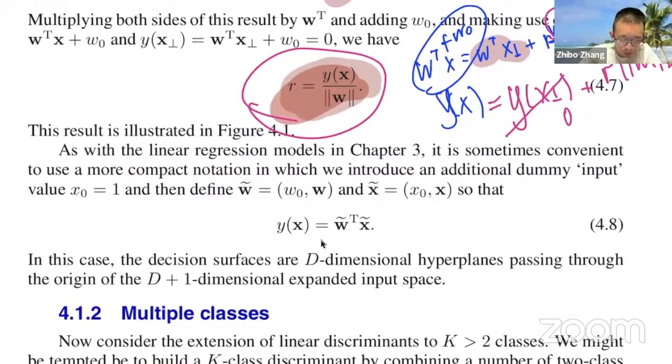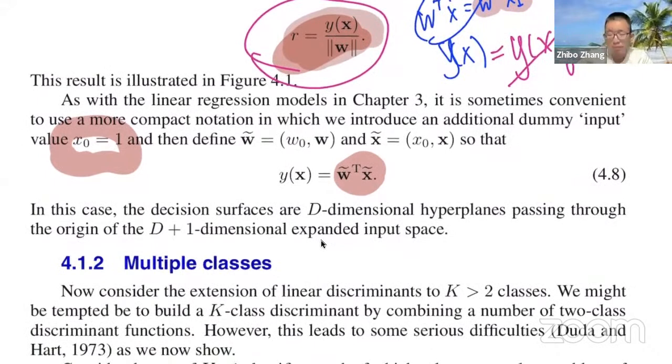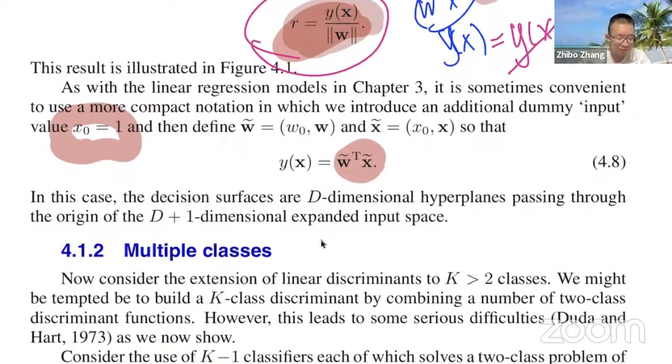As with the linear regression models in chapter 3, it is sometimes convenient to use a more compact notation in which we introduce an additional dummy input value x0 equals 1, and we integrate everything into a kind of three-dimensional vector. That's a more compact representation.